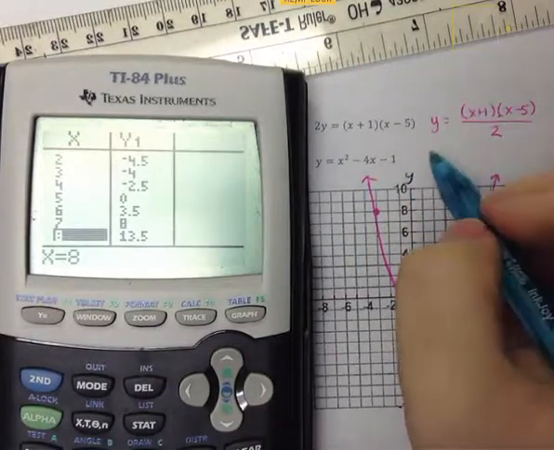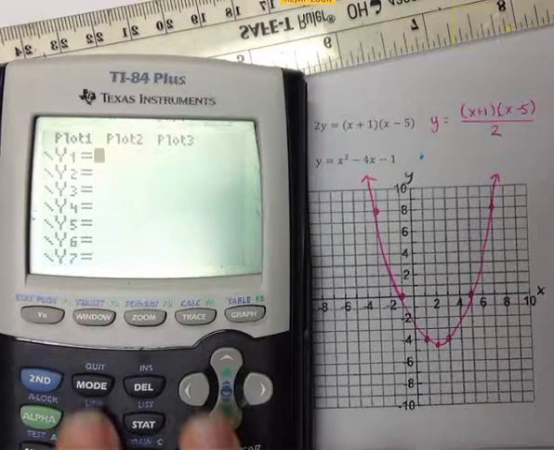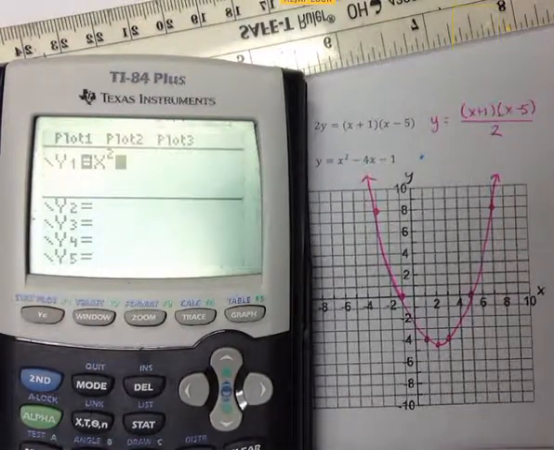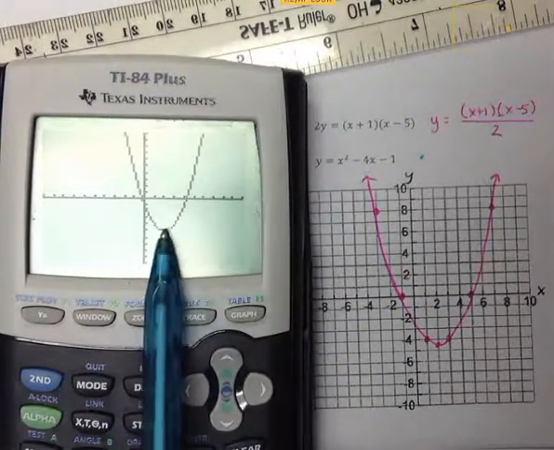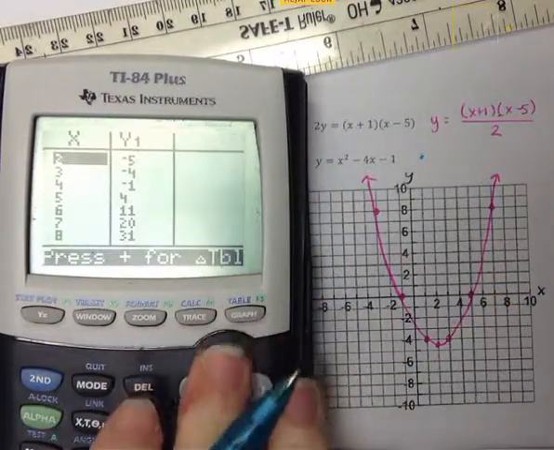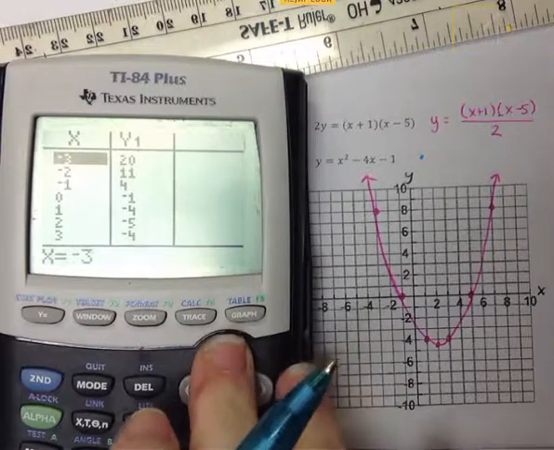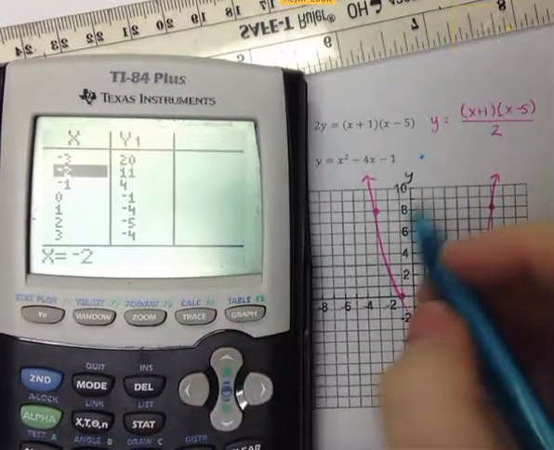And then my blue one. My blue one is already in y equals, so I'm just going to graph it, clear it out. So x squared minus 4x minus 1. Graph it so we can kind of find where our vertex might be. So our table, see if we can graph any of the negative x values. We can graph negative 2, 11 is a little off the graph, but we can try.